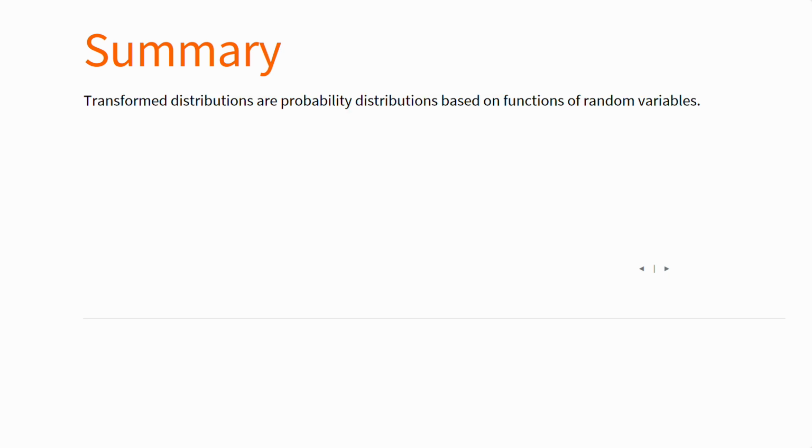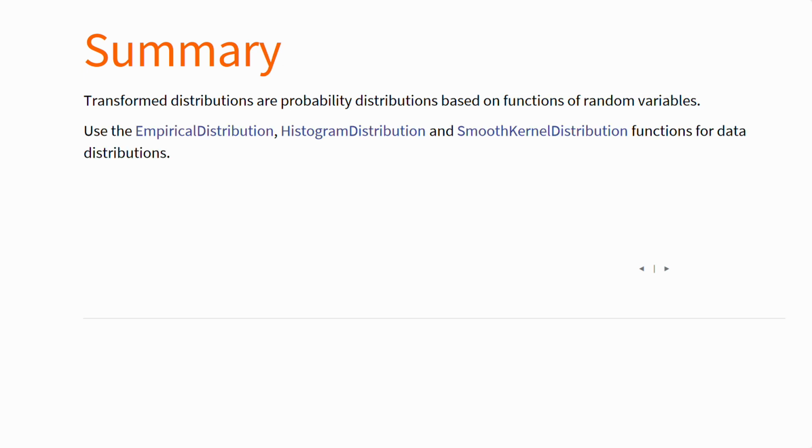So to summarize, transformed distributions are probability distributions based on functions of random variables. Use empirical distribution, histogram distribution, and smooth kernel distribution functions for data distributions. Useful operations for transforming distributions include shifting, scaling, sums, and products.